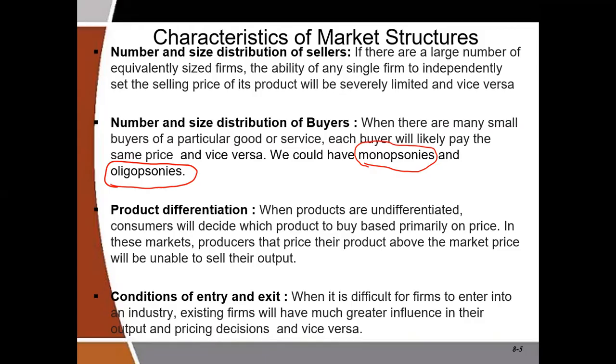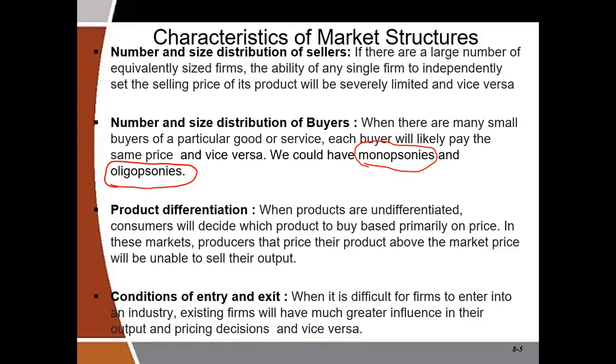All right. The third characteristic of market structure, or the third thing that we can use to distinguish among the various market structures, is product differentiation. In a market where the product of every firm is so different from the others, every firm can control its price because my product is different from another firm's product.